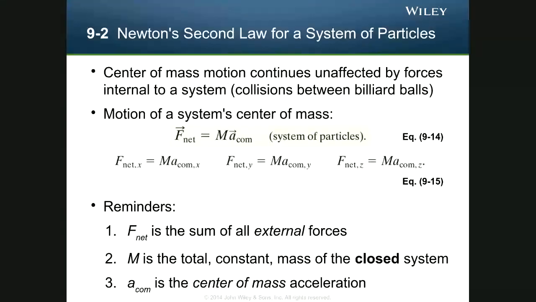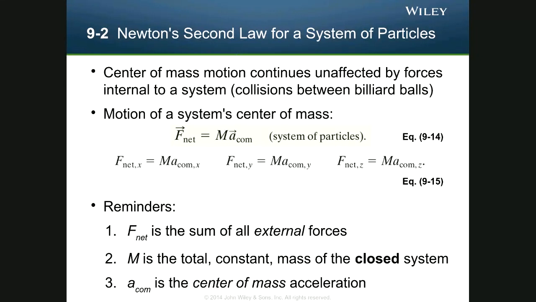Now, the center of mass motion will be continued unaffected by forces internal to a system, right? So now we're adding this layer of complexity. So let's draw a short example and see what we mean by that. Now, in chapter 2, let's sort of review. In chapter 2, we had systems of one particle.